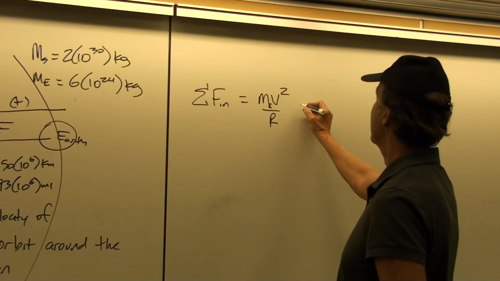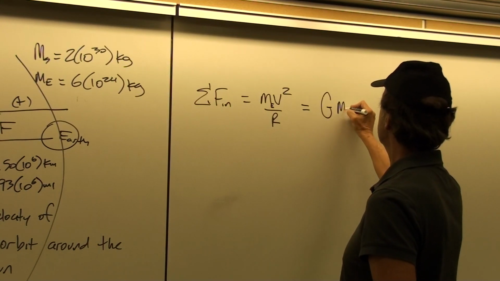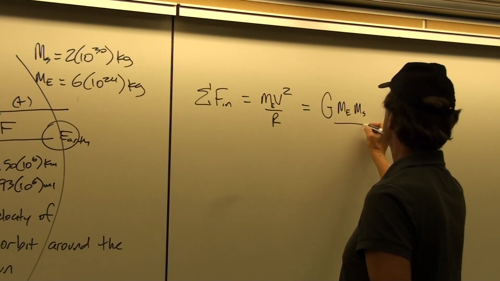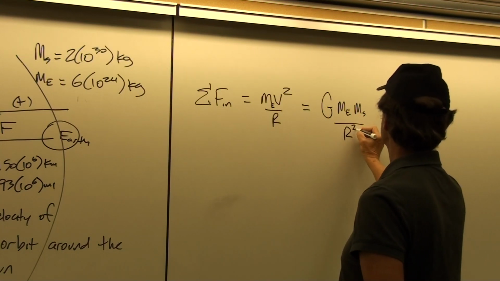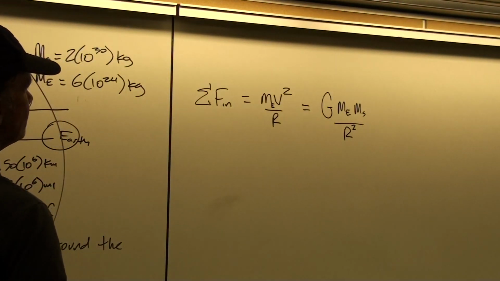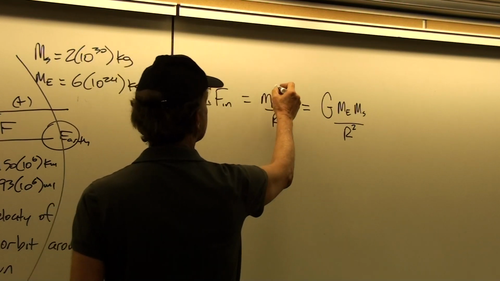And then we'll set that equal to the gravitational force, which is G times the mass of the Earth times the mass of the Sun divided by the distance between the Earth and the Sun squared. So we can see then that by writing this correctly, we cancel out the mass of the Earth.